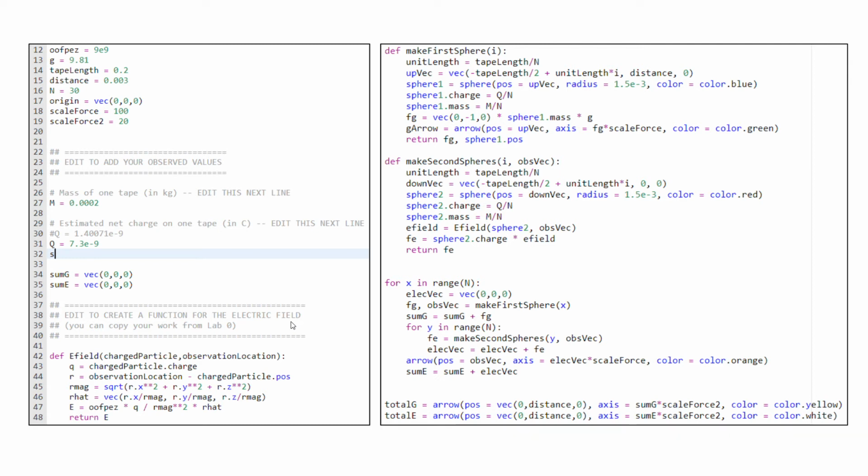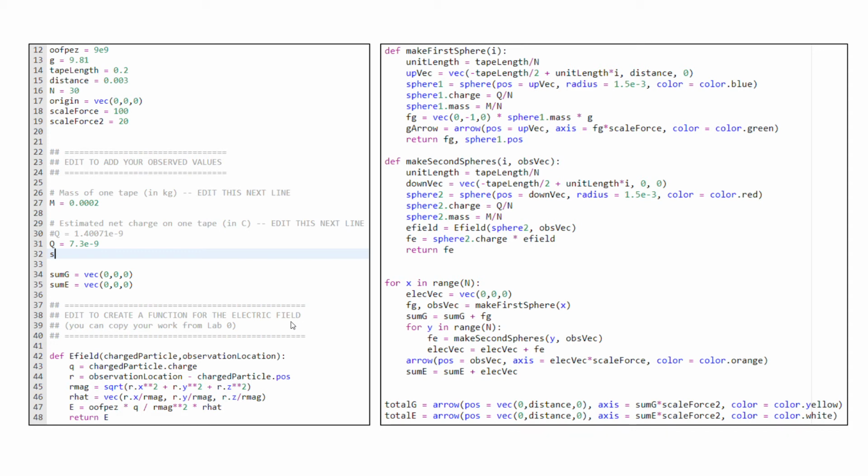We can also see that the charge of each sphere, each little individual point charge, is equal to Q divided by N, with N being the number of individual separate charges that we are dividing our tape into. Mass was divided the same way. Each little segment of tape had the total mass divided by the number of segments.